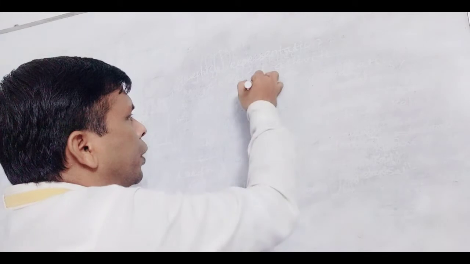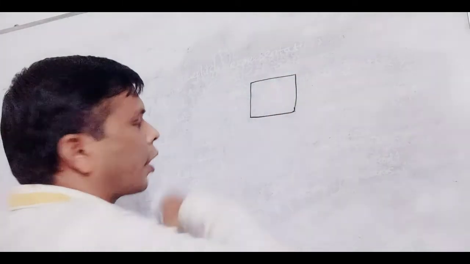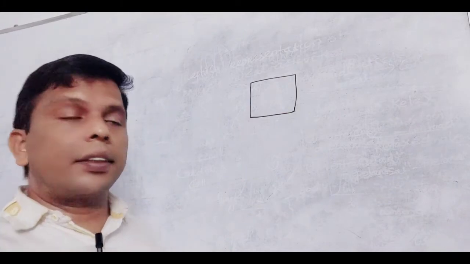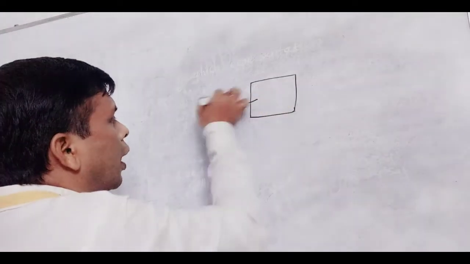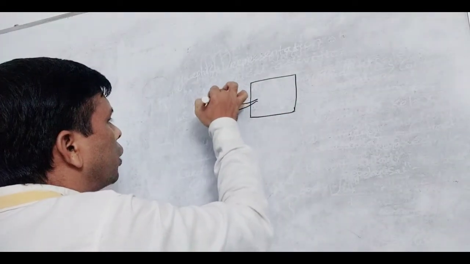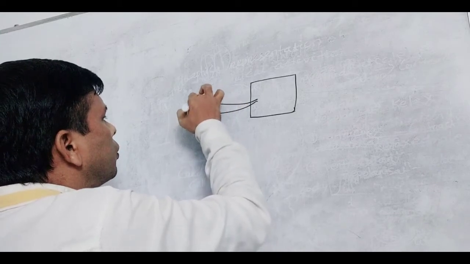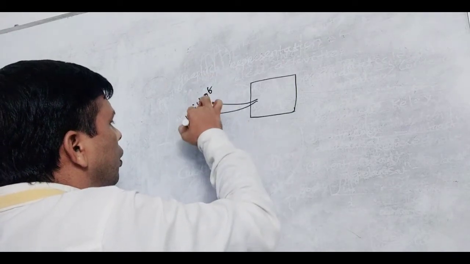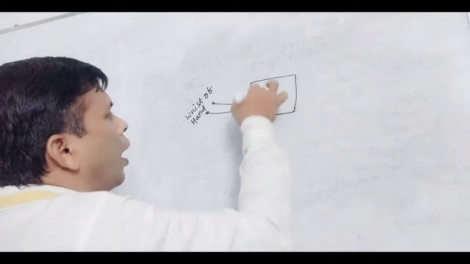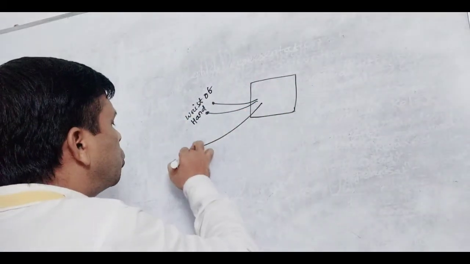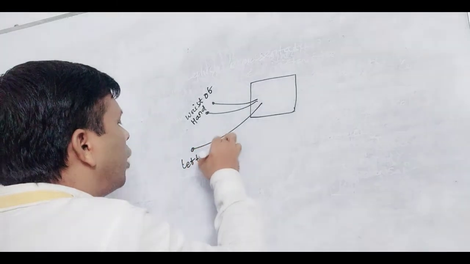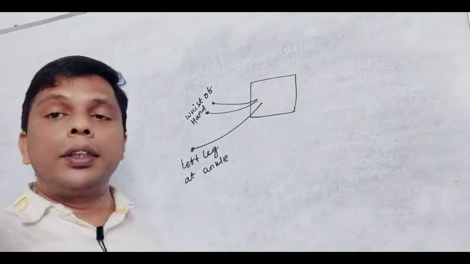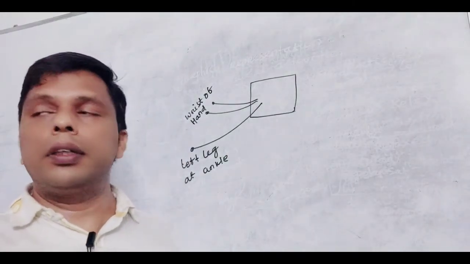Suppose this is the ECG machine. The device gives certain leads: two leads attached to the wrists of the forelimbs and another lead attached to the left leg at the ankle.